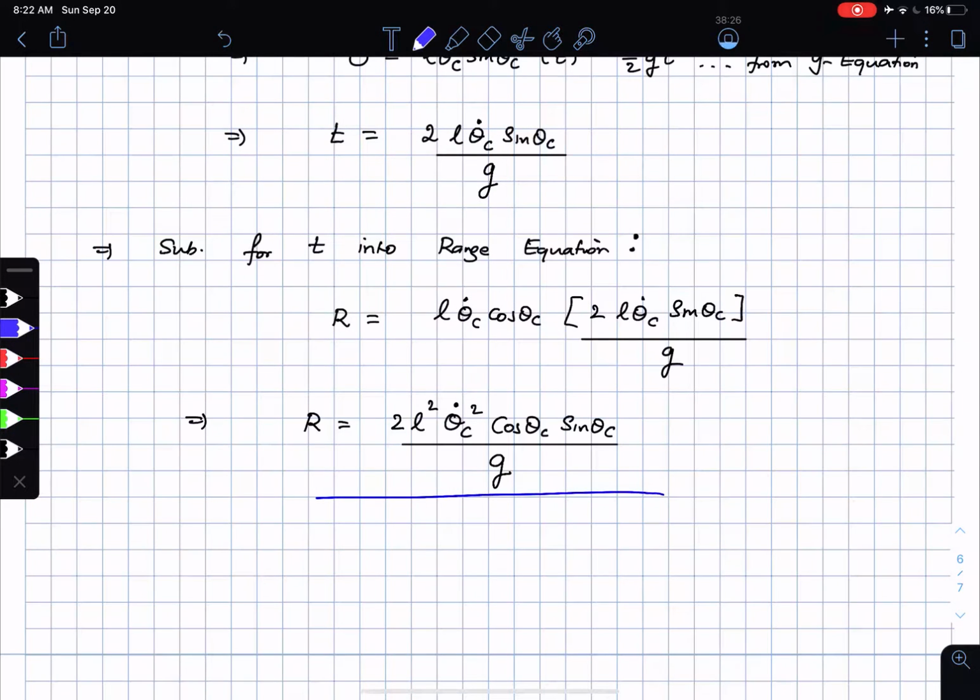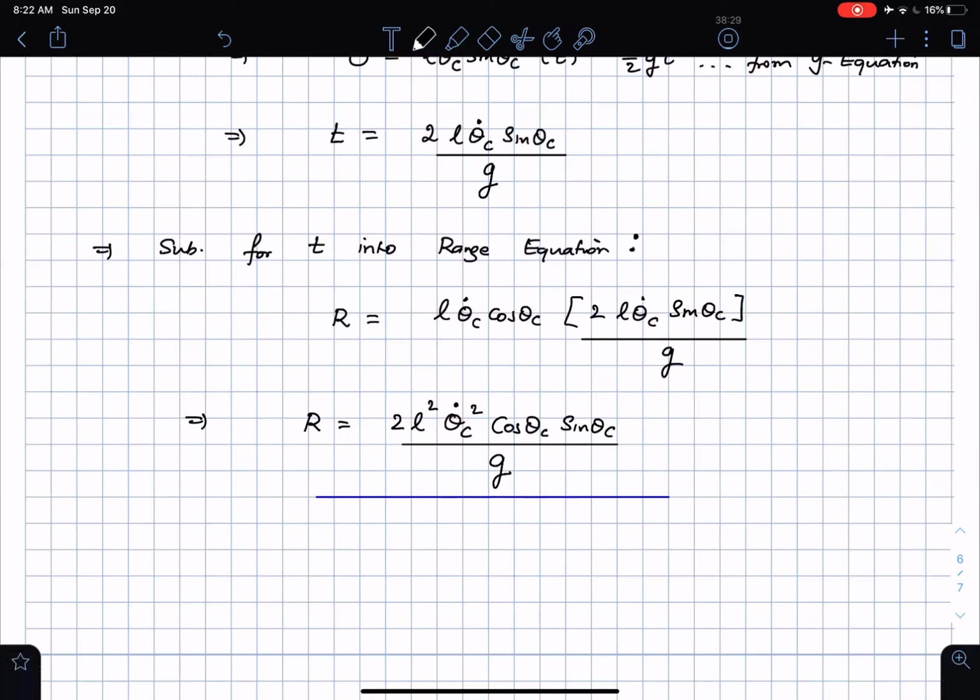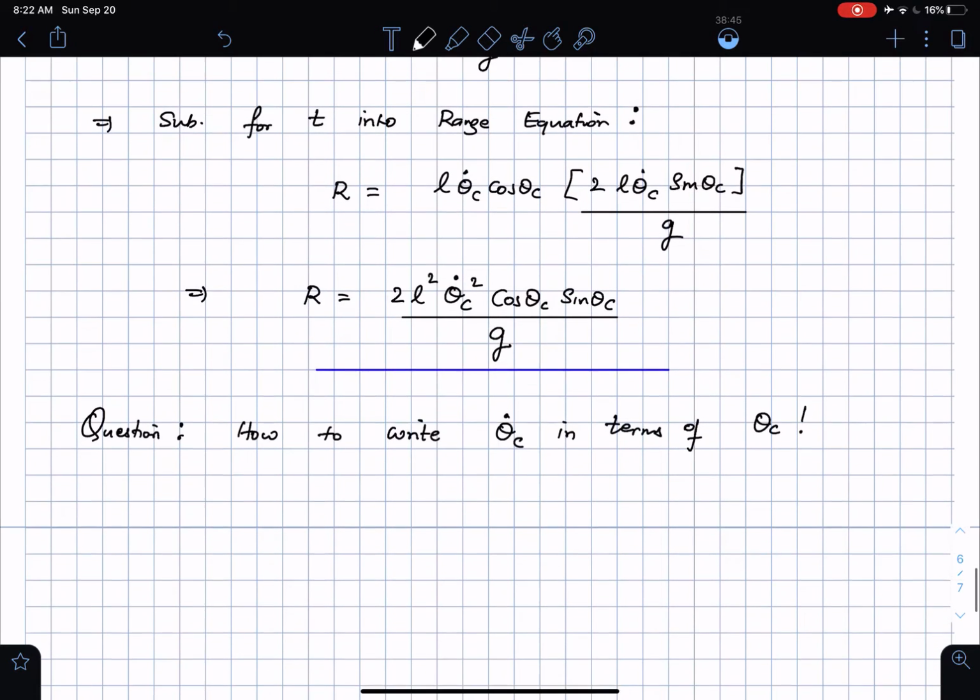But the question is this: how to write theta dot C in terms of theta C? What do I do? For this, I revisit my equation of motion.